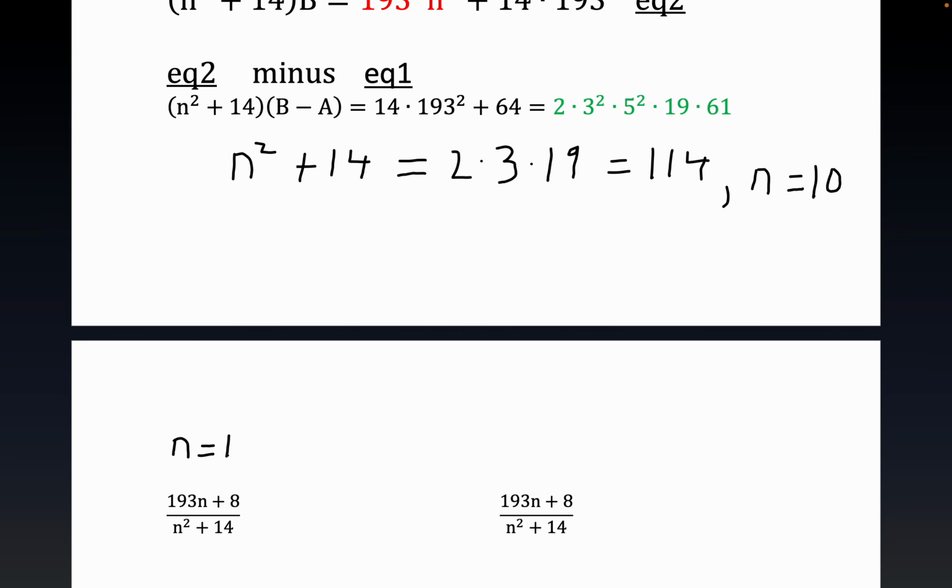If you substitute n equals 10, this is checking. This is our original expression that we were trying to make an integer.